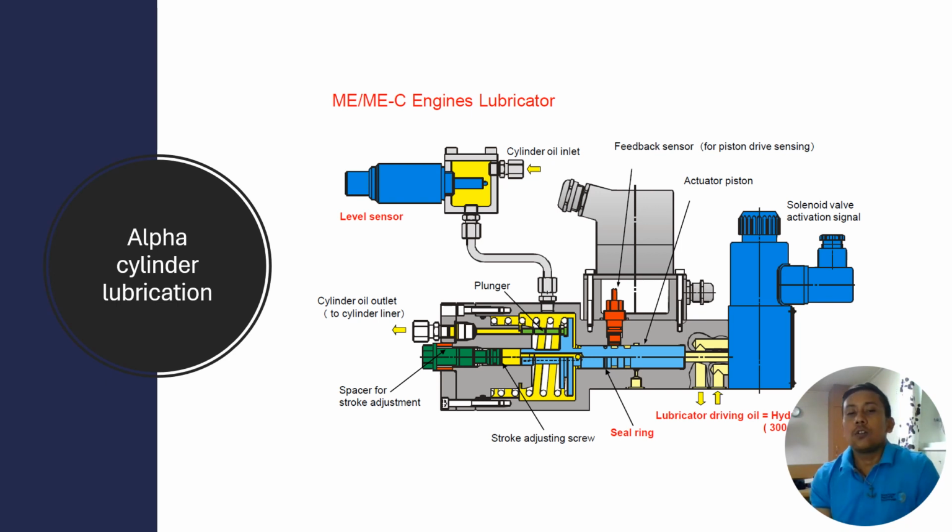This hydraulic oil operates the actuator piston to start and end the cylinder lubrication. In this type of alpha cylinder lubrication, the cylinder oil is not injected at every revolution, but depending on the engine load and RPM. The details of this alpha cylinder lubrication we'll discuss in another video.